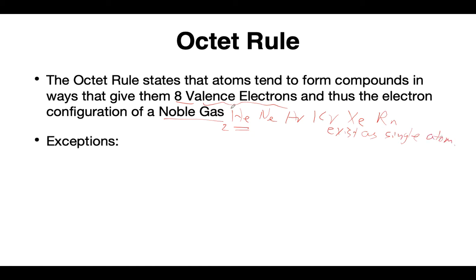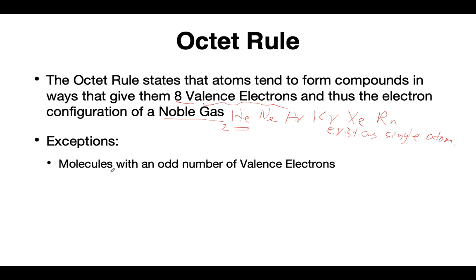Now there are only a few exceptions. Not all atoms, once they form stable molecules, have 8 electrons outside. This exception applies to molecules with an odd number of valence electrons.